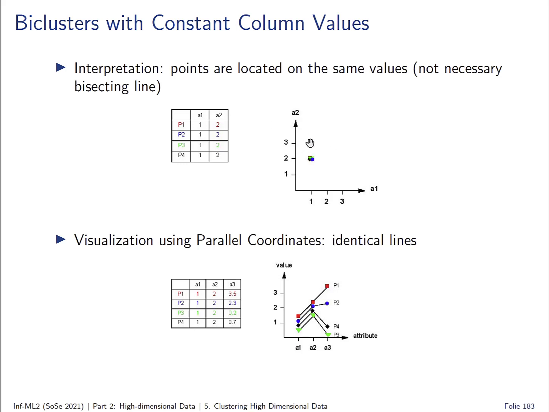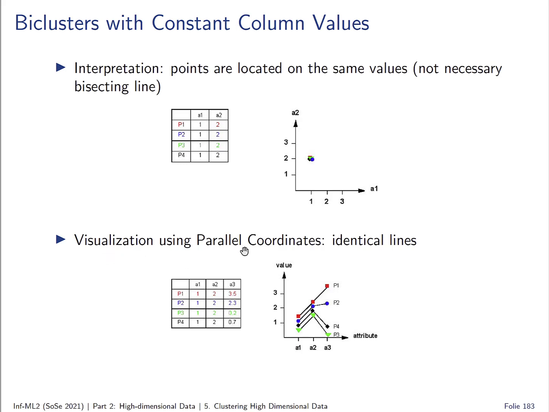It can be anything in A2. So that is the perfect subspace cluster that we had before. In the basic model, since we only allow identical values in all the columns, the points are actually the same in those subspaces.